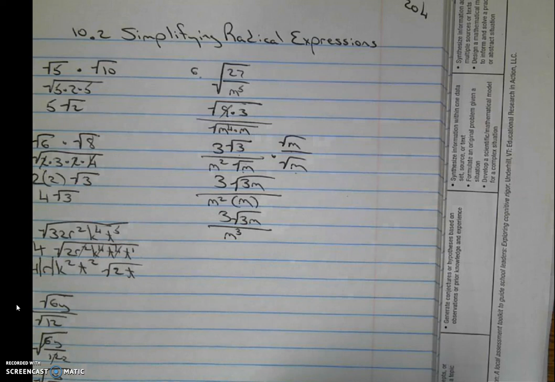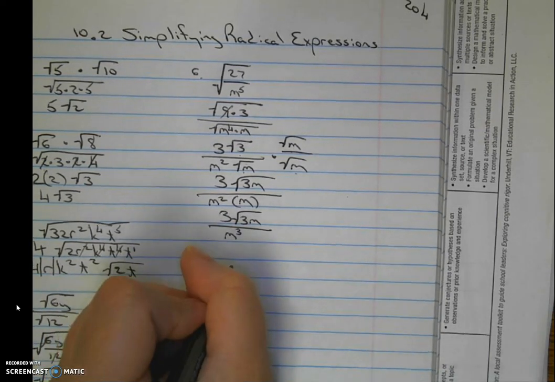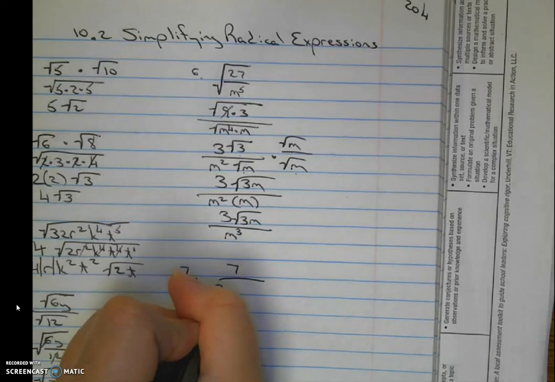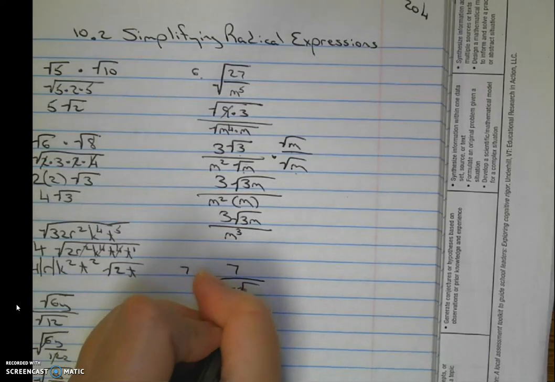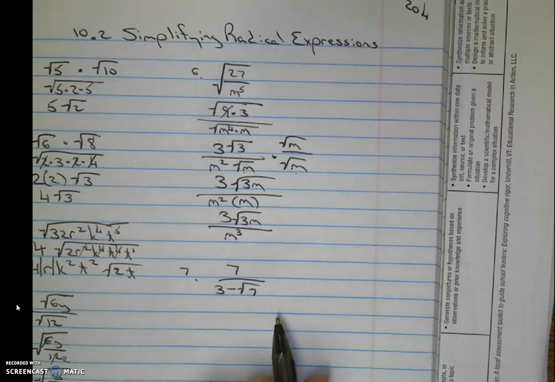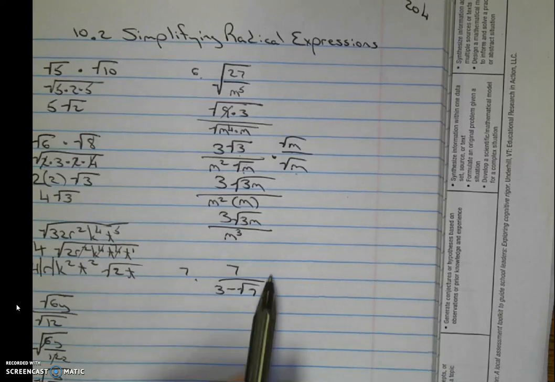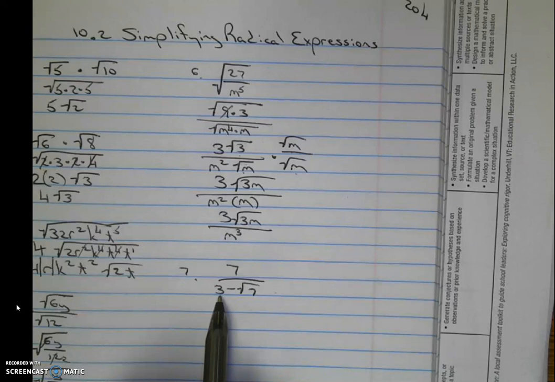All right, our next one is when our denominator is even more complicated. Notice I have subtraction and a radical in my denominator. Just multiplying by square root of 7 is not going to be good enough, because if I multiply this denominator by square root of 7, I'm given 3 square root of 7 minus 7.